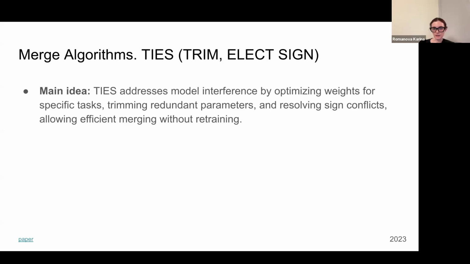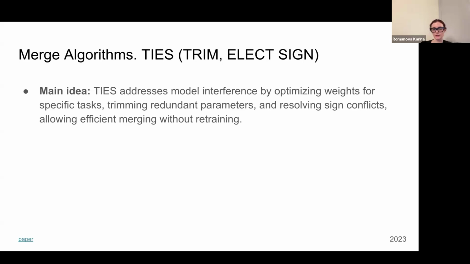The sign election phase addresses the problem of conflicting parameter signs between models. When merging models, parameters with opposite signs can cancel each other out, leading to a loss of valuable information.